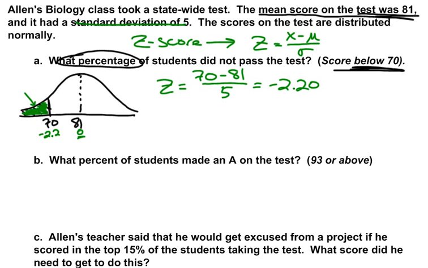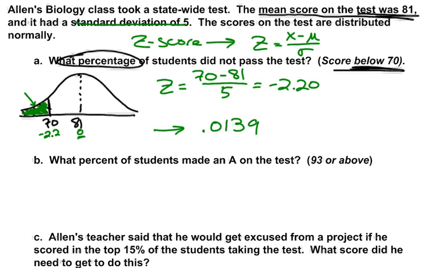So we'll look up negative 2.2 in the distribution table, and when we find that, we will find a value of 0.0139. Now, the table gives us the value or the area that is to the left.